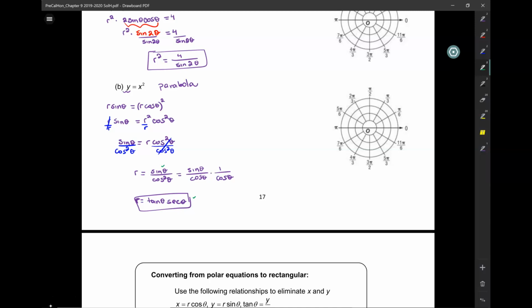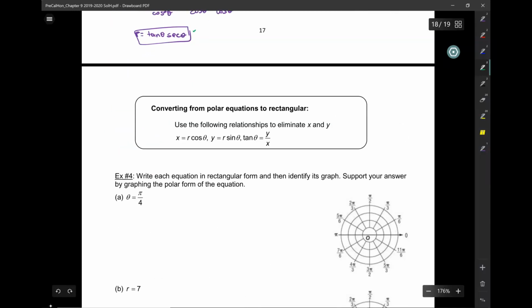Okay, so last but not least, let's do converting from polar equations to rectangular equations. All right, so in this one, we're going to use the two that we were using before. x equals r cosine theta, y equals r sine theta.